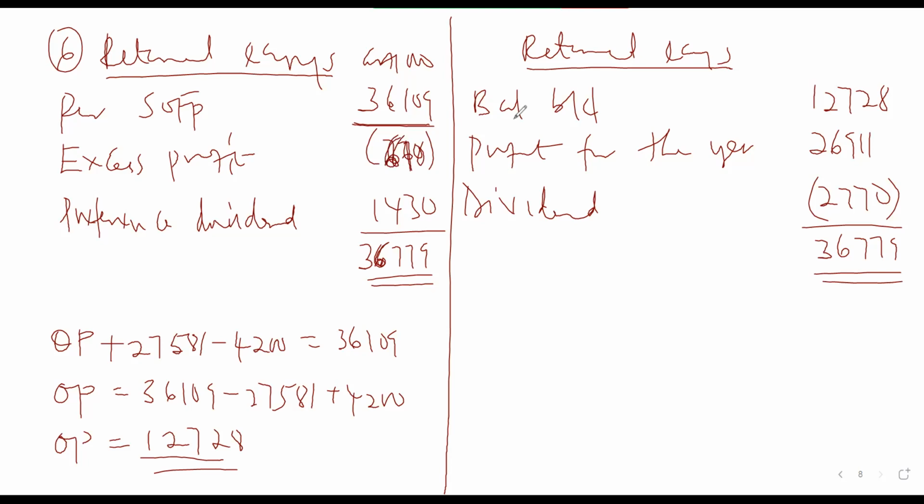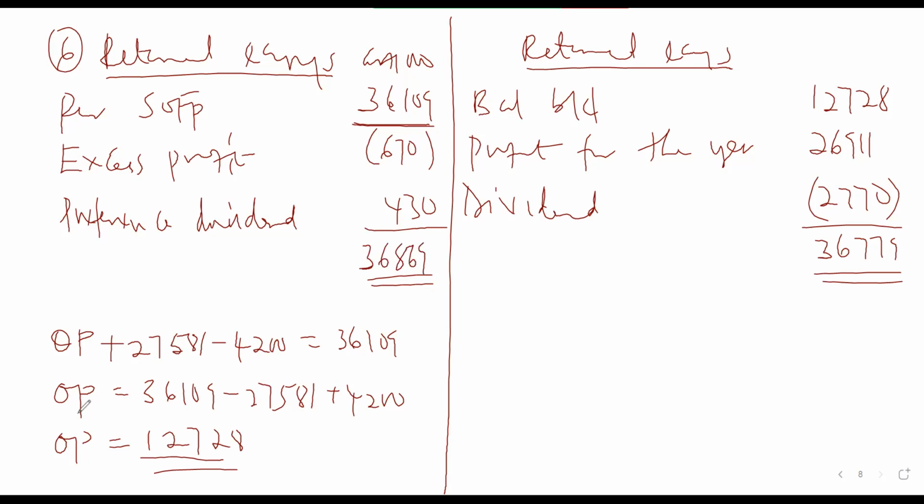So if we are using that 670, what are you going to get? If you subtract, what are you getting? You get 36,869. Okay.